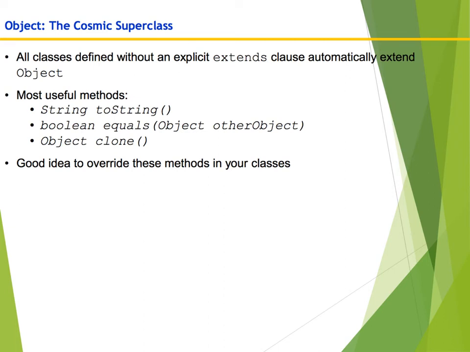So since all classes inherit these three methods because they are subclasses of the Object class, it's a good idea to override these methods in your classes if you want to customize the functionality of these classes.